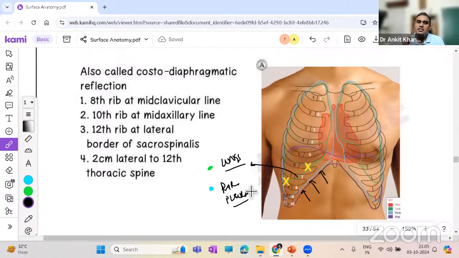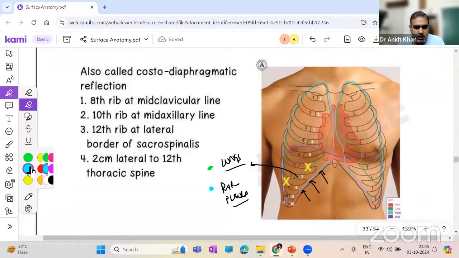If you understand this one, that is fine. And this space, let me show you that also with a highlighter and some darker color. Can you imagine this space? This is the pleural space, guys. This is the pleural space where fluid can accumulate. That is known as pleural effusion, all that stuff.